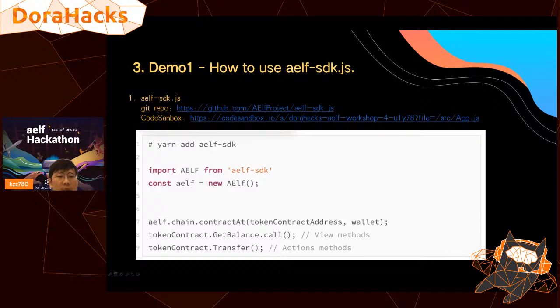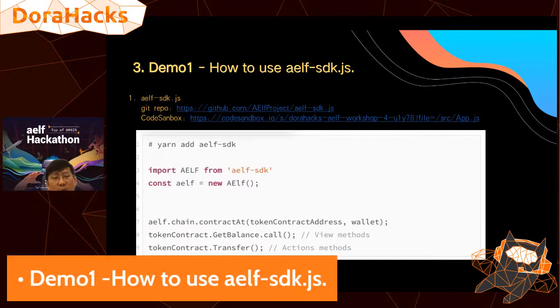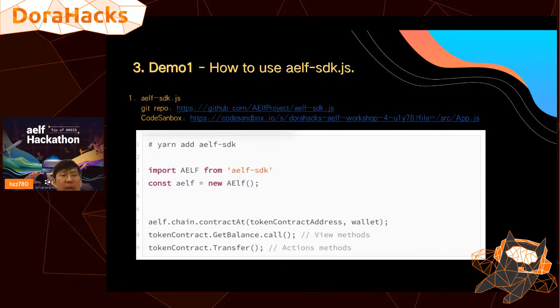And I will show the demo. With the aelf-sdk, we can create a wallet or recover a wallet by private key or mnemonic, and we can get information about the aelf blockchain by methods like get chain status, get block, etc. And most importantly, we can send a transaction and call a contract easily with aelf-sdk through the contract module.